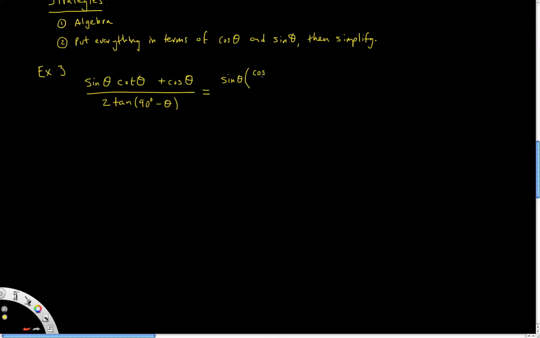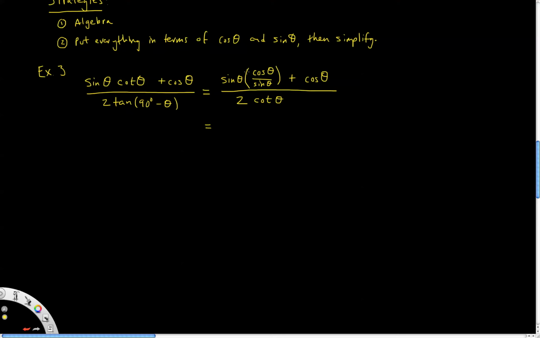Cotangent will be cosine theta divided by sine theta, and then I'm going to add to that cosine of theta, all divided by 2 times, and now I need to know what is the tangent of 90 degrees minus theta. Well, that's a cofunction relationship, and I know that that's going to be cotangent of theta.